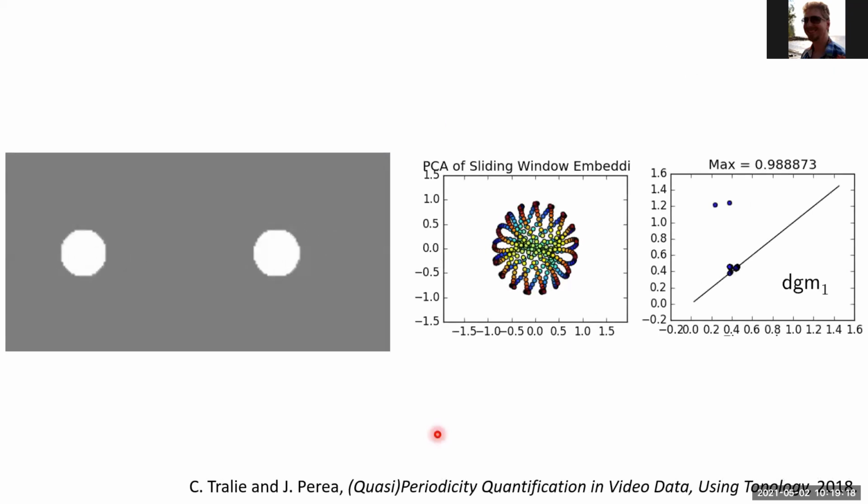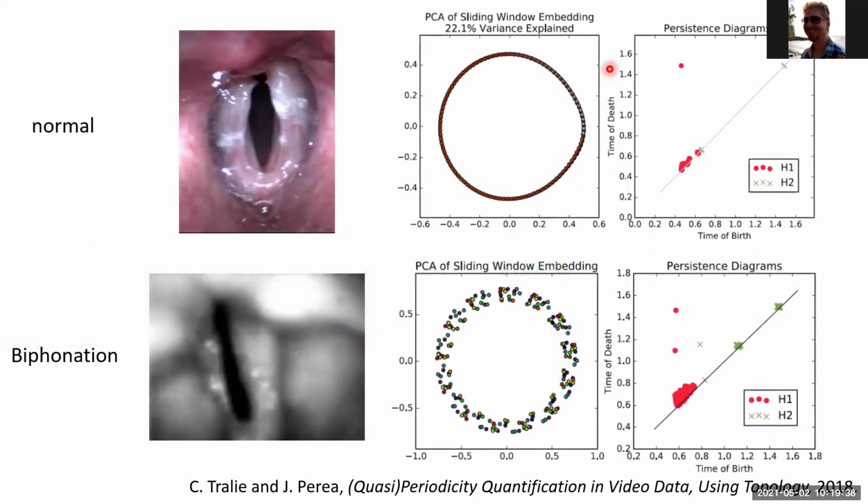So when you compute the sliding window embedding of this time series and look at the persistence diagram, you clearly see that you have toroidal or quasi-periodic information in the time series. This would be very hard to see even for humans, who are supposed to be the gold standard in perception. So we took this early confirmation and applied it to videos of vocal folds.